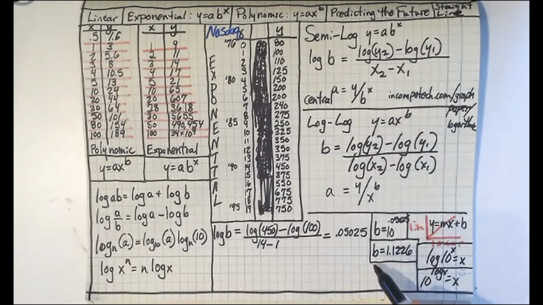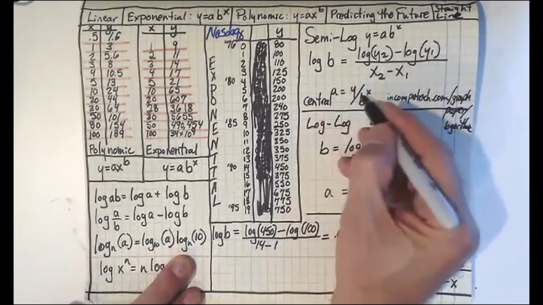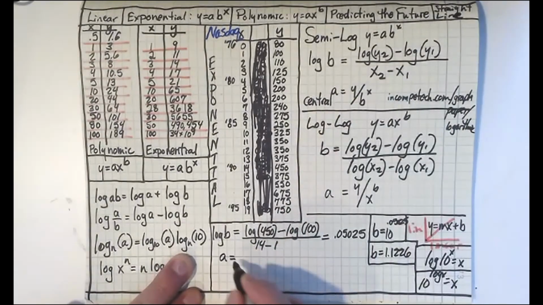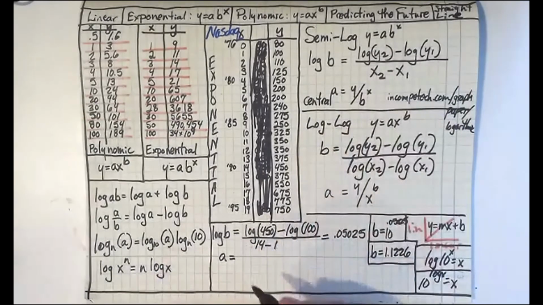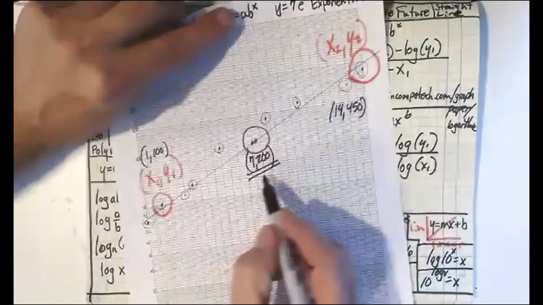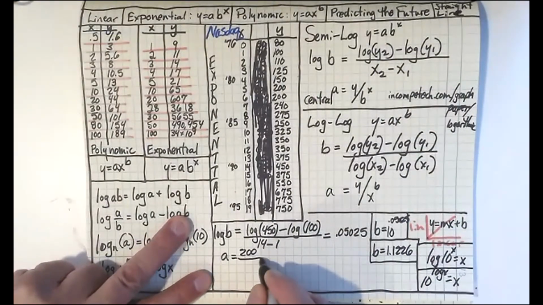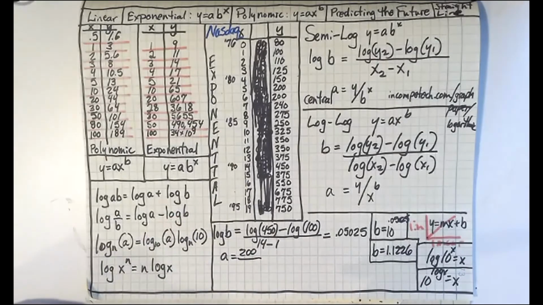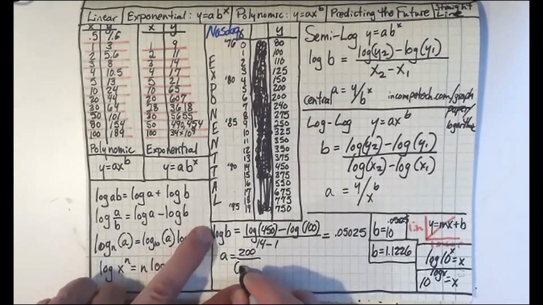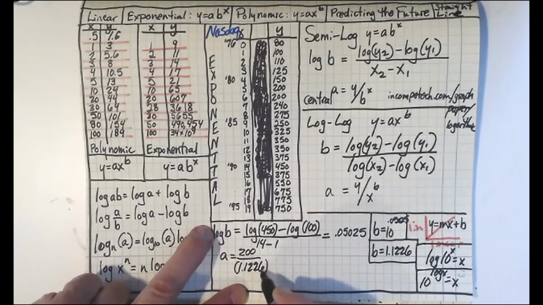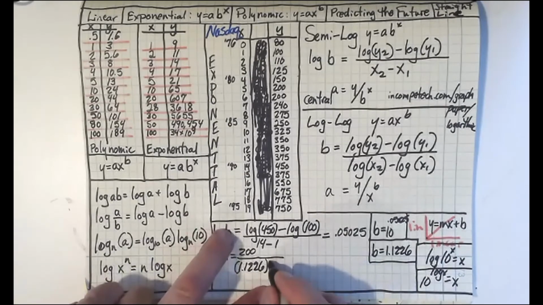So anyway, we've got b now. Now we want to find a, and you can see a is just going to be y. So let's take a number for y. Well, we've already got the central thing here, 7 and 200. So we're going to say y is 200. And then we need b to the x, don't we? Well, we know what b is. b is going to be 1.1226, and then to the x would be 7.